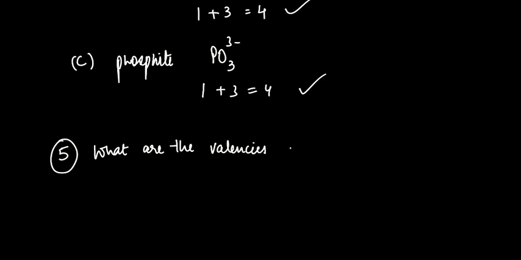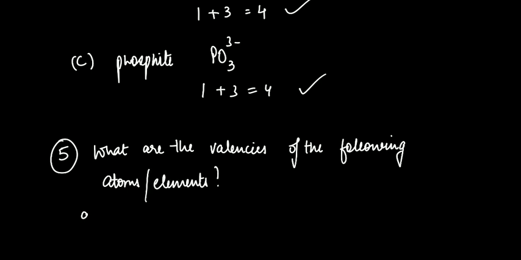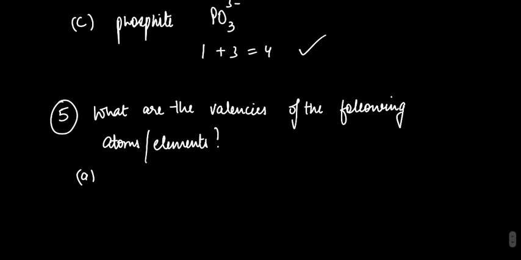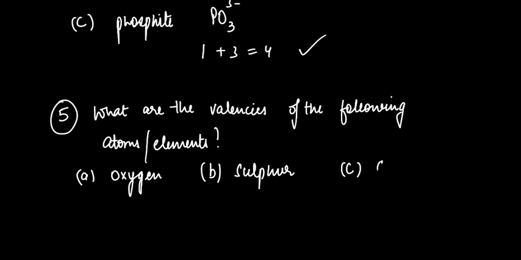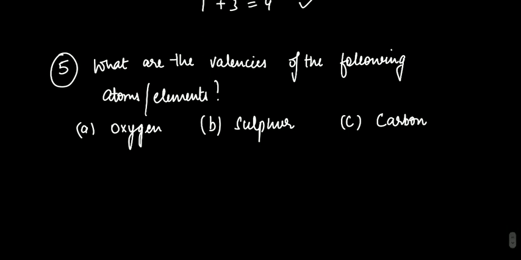What are the valencies of the following atoms or elements? So the first one, we will take oxygen, sulfur, carbon.